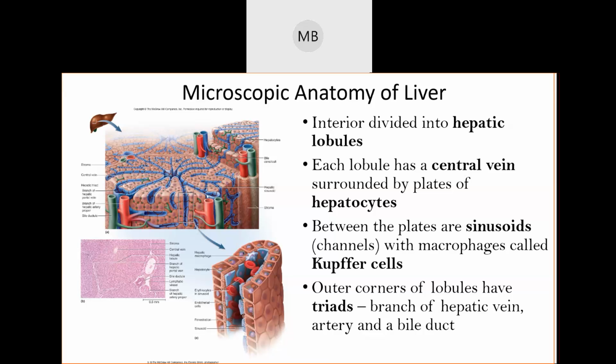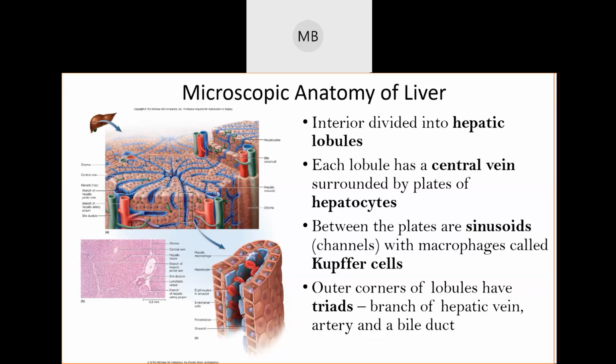Between the central vein and running through all the hepatocytes are going to be channels called sinusoids. And those sinusoids are going to have lots of little helper cells in them, like a special kind of macrophage called a Kupffer cell, that are going to help eat bacteria that may have gotten into your bloodstream through digestion.